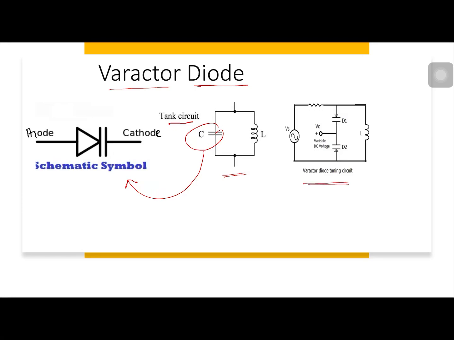That is a varactor diode tuned circuit. These kinds of circuits are commonly used in TV broadcast tuners, and AM and FM receivers.